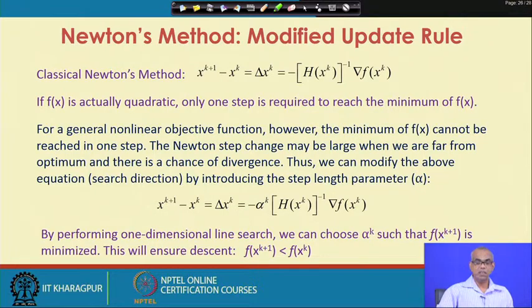So, descent is ensured. That means the function value at the k plus 1th iteration will be less than the function value at the kth iteration. That means f of x k plus 1 will be less than f of x k.